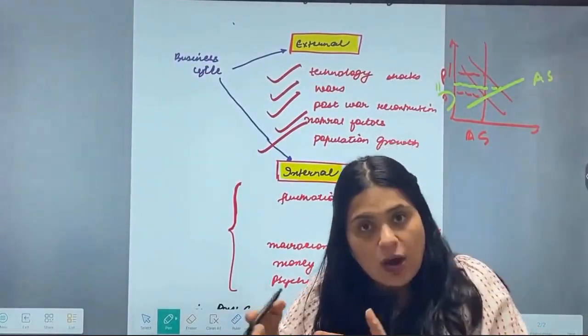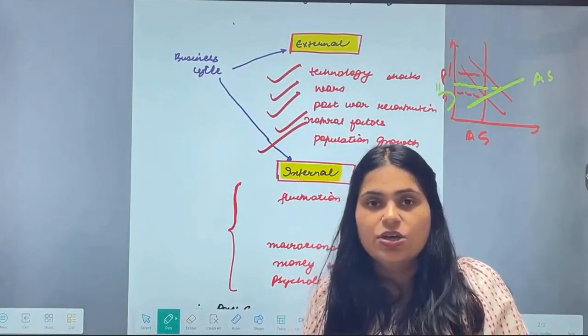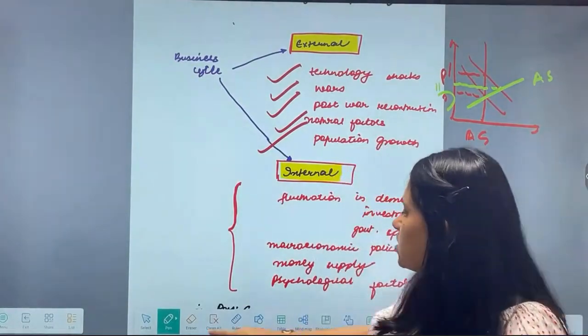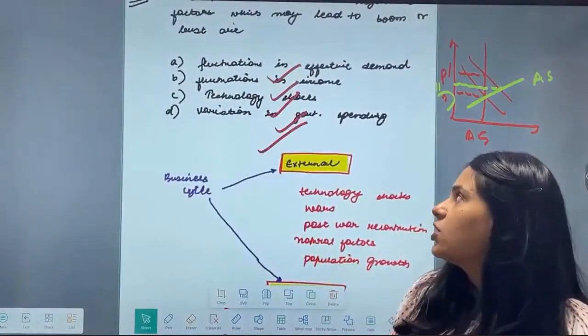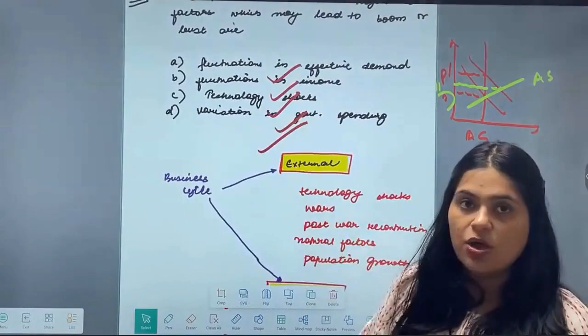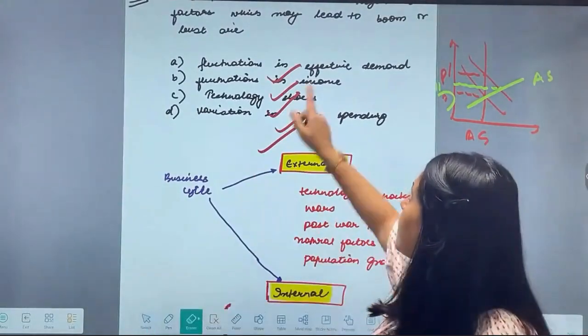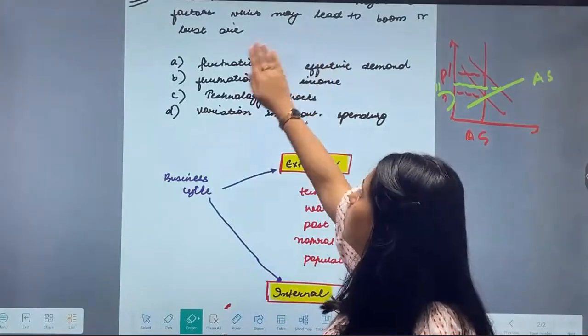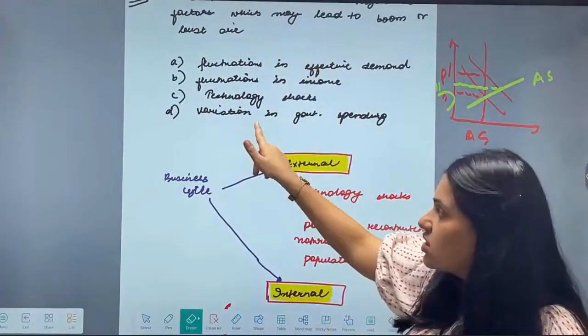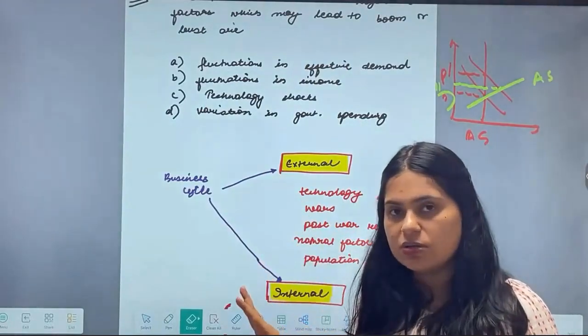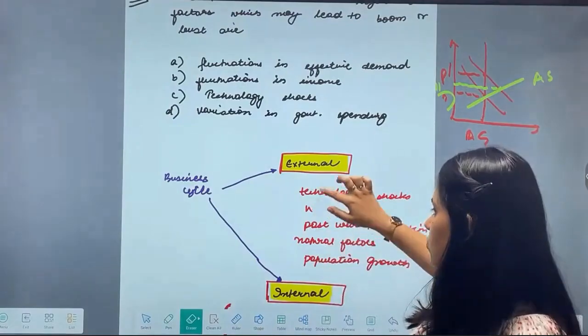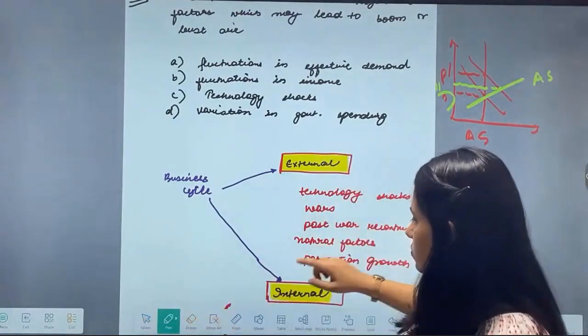They are outside the model, right? So what would be the answer to our question? The answer would be technological shocks. All the other three are internal. The only factor that is external will be technological shocks. Clear? Okay, let us go ahead to the next question.